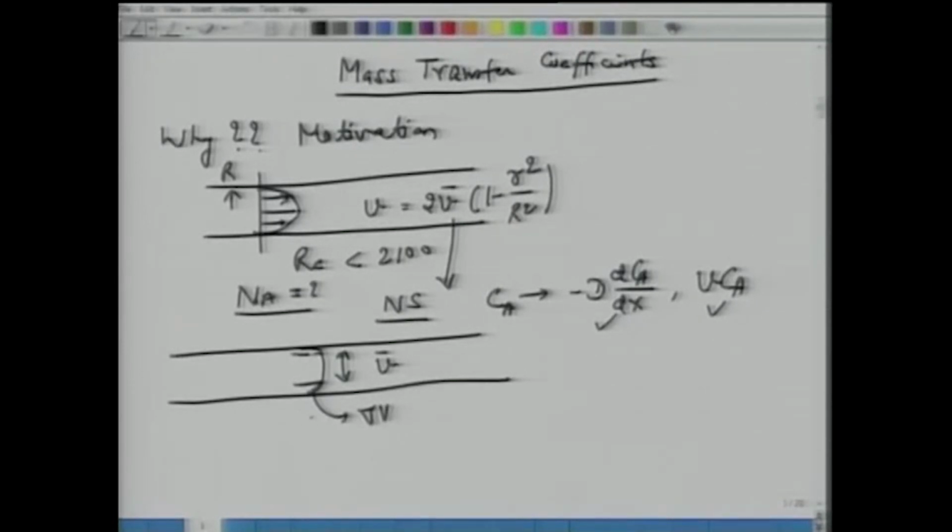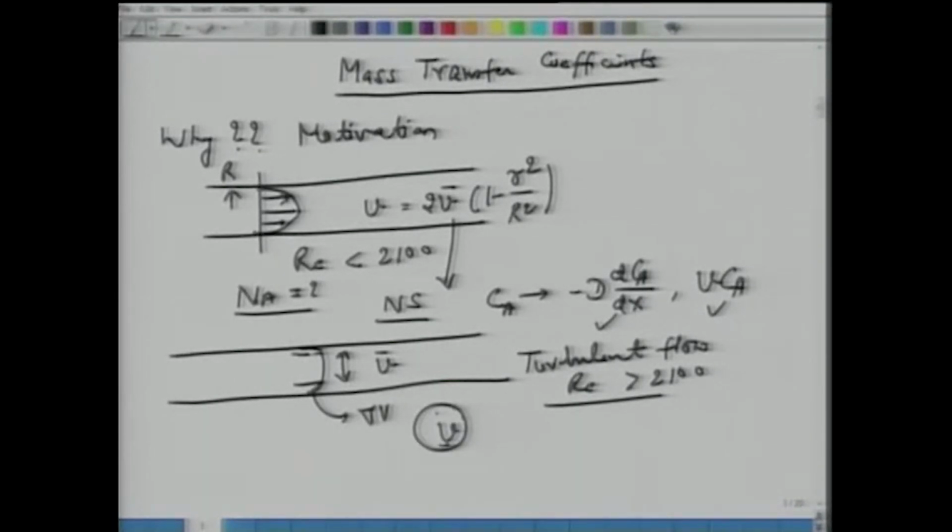As in the case of turbulent flow, when the Reynolds number is larger than 2100, there is uncertainty in predicting this velocity. As a consequence, we cannot exactly apply the Navier-Stokes equations and solve for this diffusion flux.